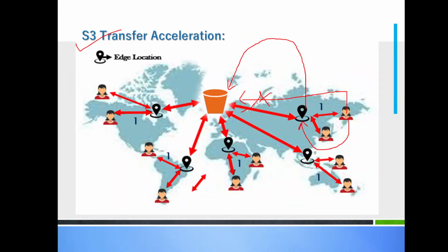Did you get this concept? What is S3 Transfer Acceleration? It is used to download as well as upload the data using edge locations to increase the performance of transferring the data from S3 to user and user to S3, in both directions.